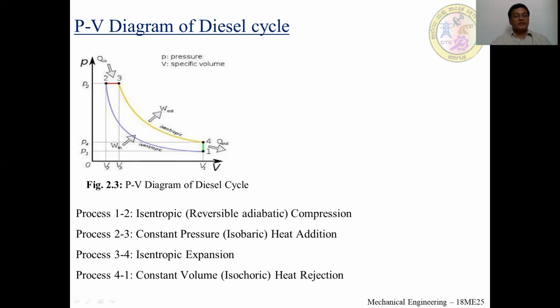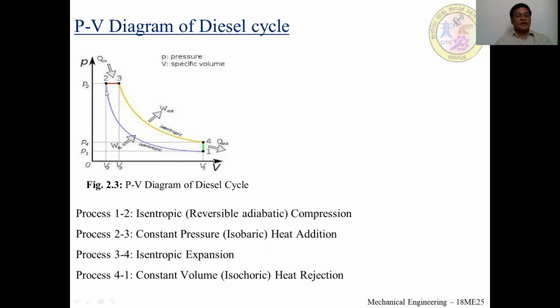In this process, the working fluid gets compressed, so pressure and volume vary. The pressure increases from P1 to P2 and the volume decreases from V1 to V2. This is V1 and this is V2. This is the isentropic compression process.